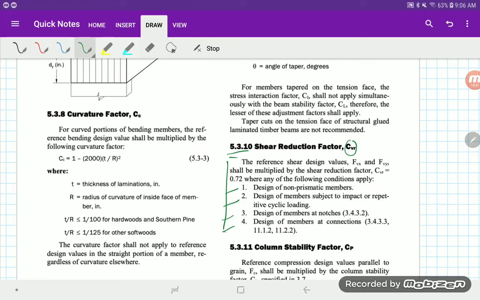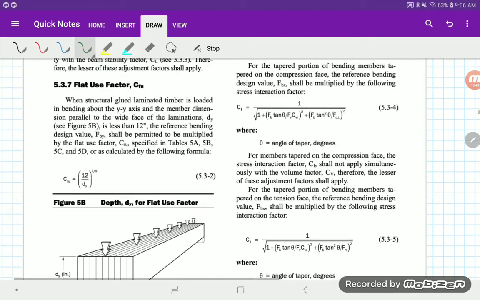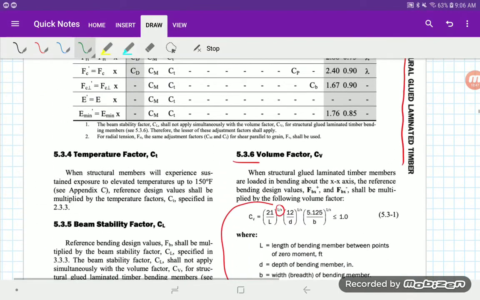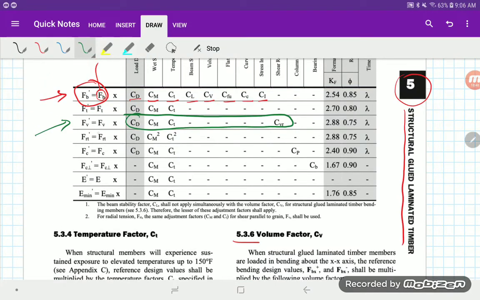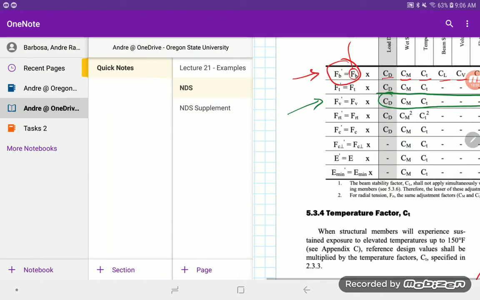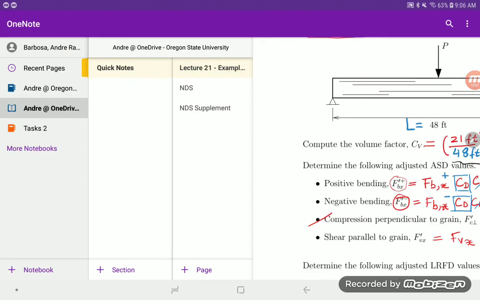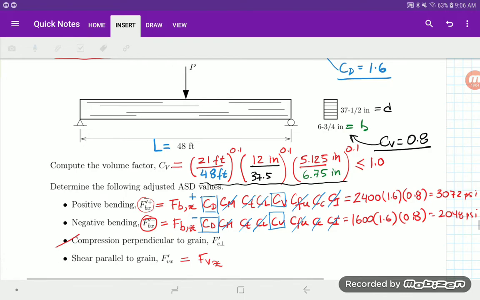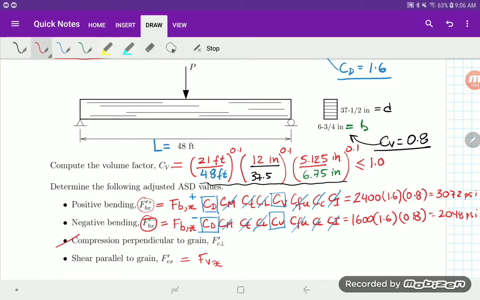All right, so we're just going to take that as 1 for our reference, to adjust our reference value to compute our adjusted value. So C sub D, C sub M, C sub T, and CVR. So 4 parameters that I need to make sure I plug in here to the equation.